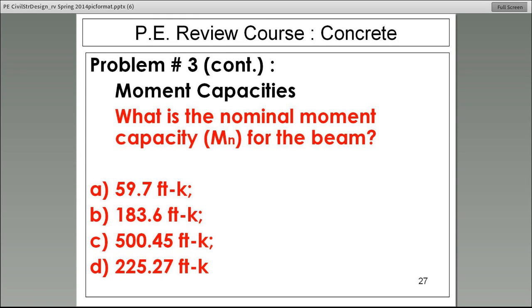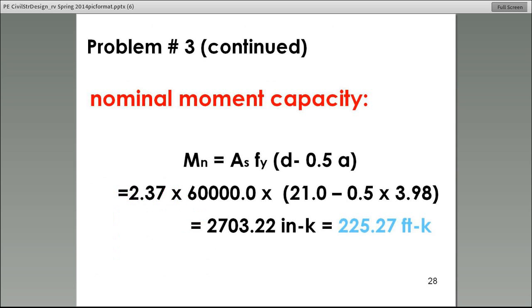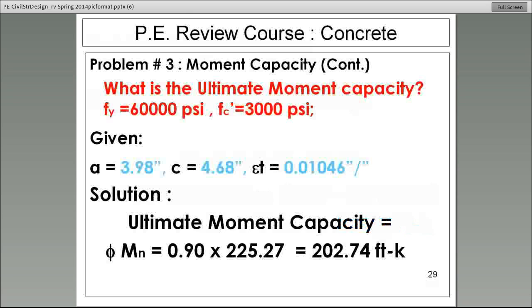Okay, so if you do this problem, you should come up with 225 foot kips, and here it is. Here's the answer. And just in case you didn't come up with that value, here's the answer. But if you didn't come up with that value, please go back and review it. It's very straightforward.